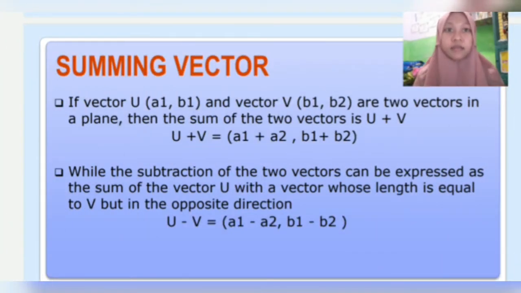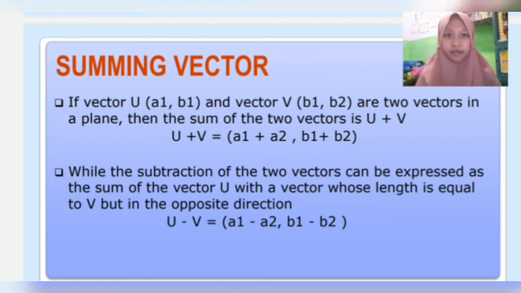Next, summing vectors. If vector U (A1, B1) and vector V (A2, B2) are two vectors in a plane, then the sum of the two vectors is U plus V. The formula: U plus V equals (A1 plus A2, B1 plus B2).